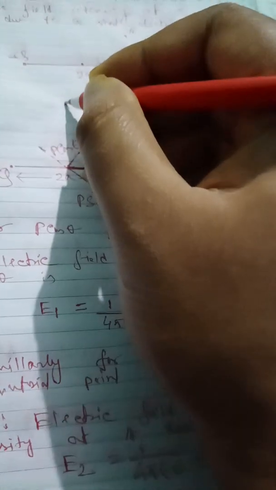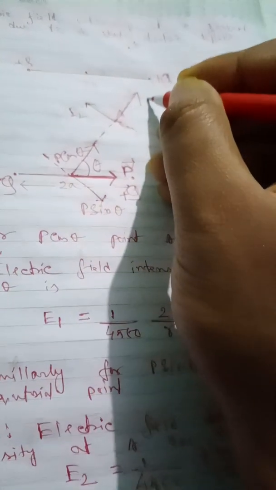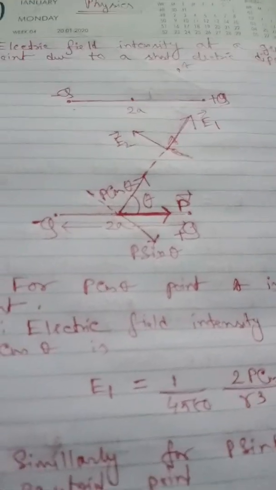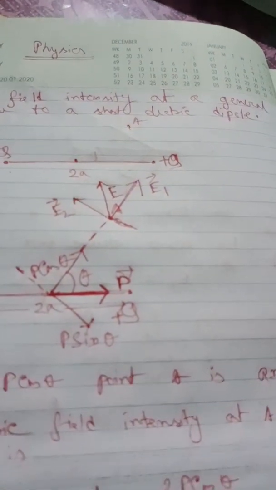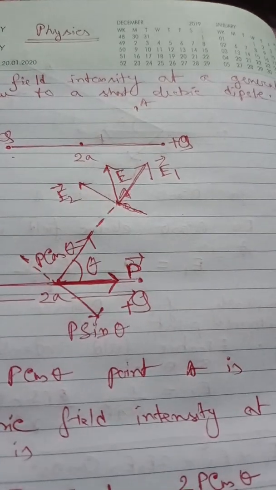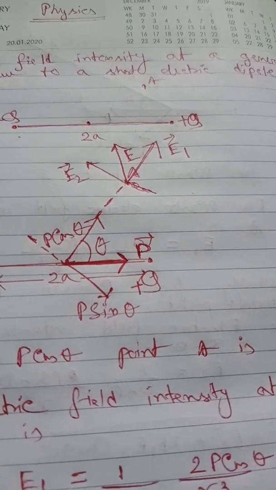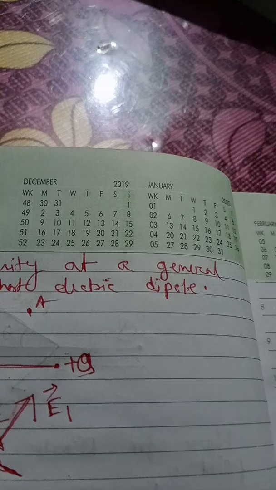This is the direction of E2 and this is the direction of E1. So what will be the resultant? The resultant will be E. This is the resultant of E1 and E2. Now we have to calculate this E.